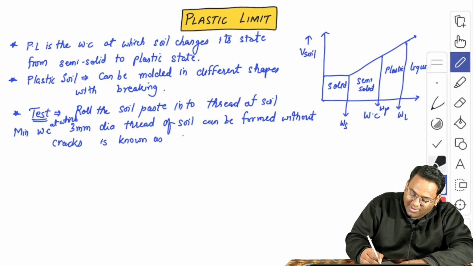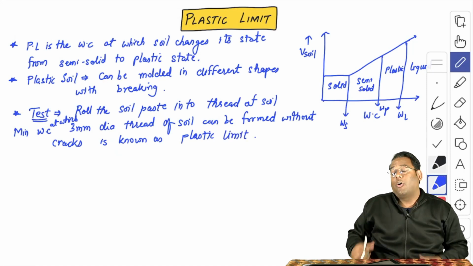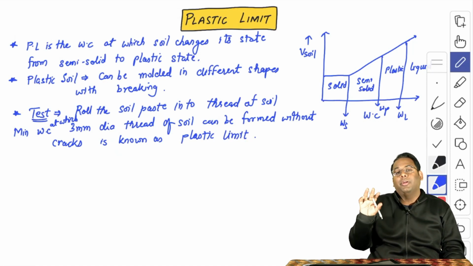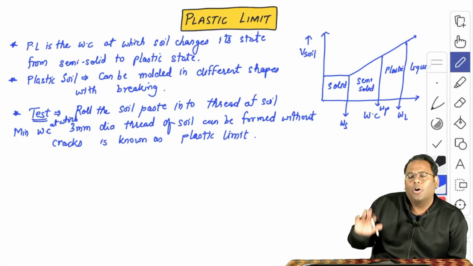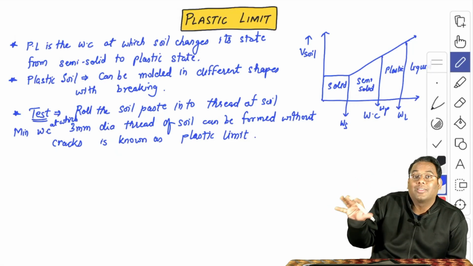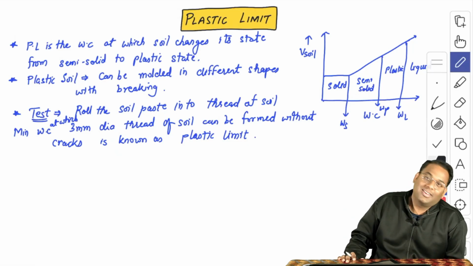So I hope now you understand what the test for the plastic limit is: you simply form a thread of soil of 3 mm diameter, and if the thread is easily formed without any cracks, then we call that minimum water content your plastic limit.